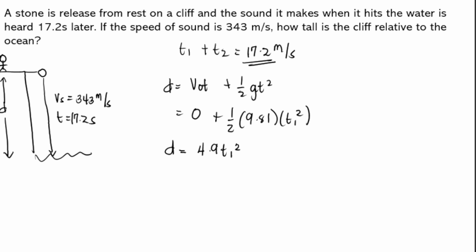So, next po, second, yung velocity natin with respect dun sa pag-bounce back. Okay? So, yung velocity ng sound. Okay, so since constant ang velocity ng sound, D is equals to VT. Okay, D2, yung bounce back, 343 times time 2. Okay?